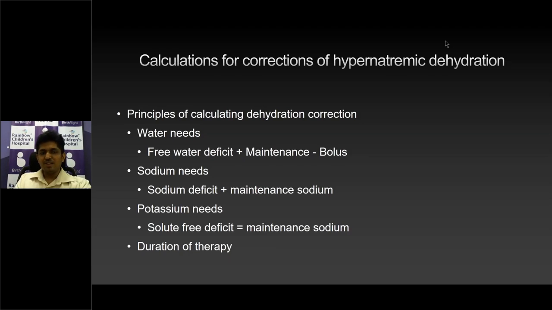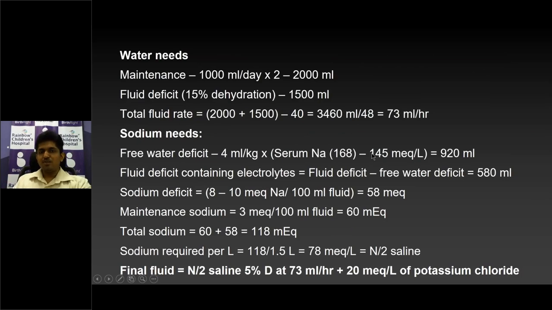The sodium needs are the sodium deficit plus maintenance sodium, and potassium needs are the solute free deficit, which is equivalent to the maintenance sodium. I will explain how these things are done. So coming to the water needs, for example, you take a child with 10% dehydration and hypernatremia.